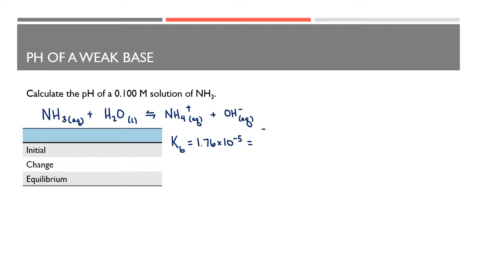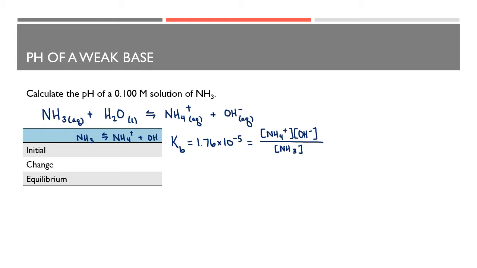Now I'm going to write out my equilibrium constant expression. So I have the concentration of the NH4 plus, multiplied by the hydroxide concentration, all over the NH3 concentration. Now I'll fill in my ICE chart. So I have the NH3 in equilibrium with the NH4 plus and the OH minus.